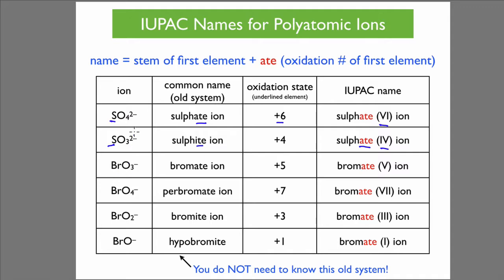Bromate, same thing as up here. You've got, but it's only minus here, so you've got 6 minus altogether. Got to balance it because you've got a minus here, so it's going to be 5. Bromate, V. I think you get the idea.